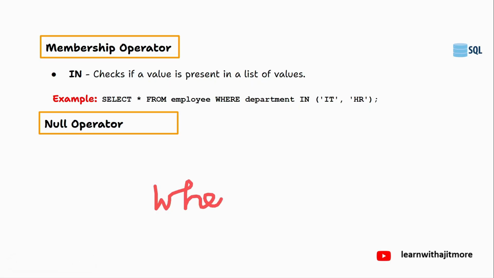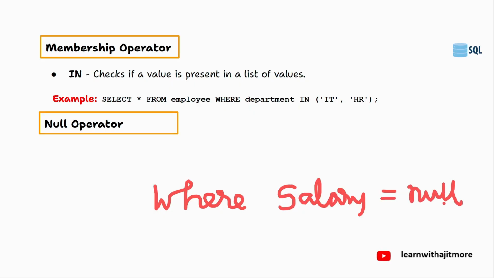Like if you are writing where and checking whether salary is null, and you write salary equal to null, maybe salary contains null values, meaning in my salary column there are some values which are null, then also this comparison doesn't work.